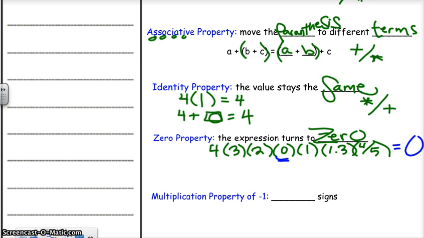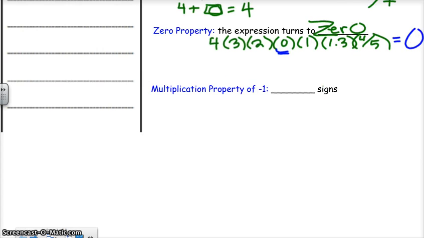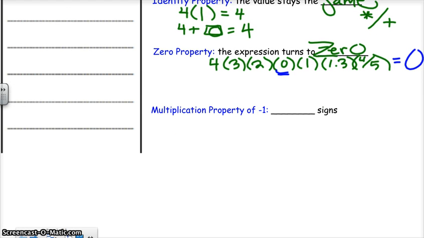Multiplication property of -1. All that property states is you change the signs. You're multiplying something by -1 to change it. For instance, when we get to actual solving, we might have -x equals 5. X is not solved here. X is never solved unless x is by itself.